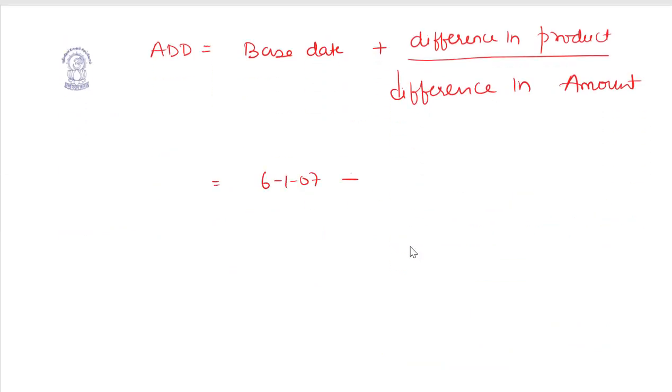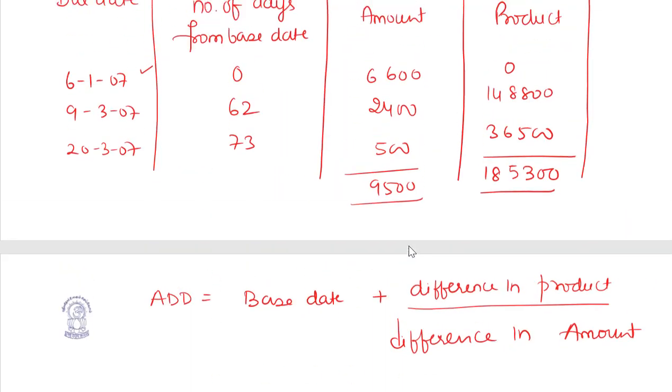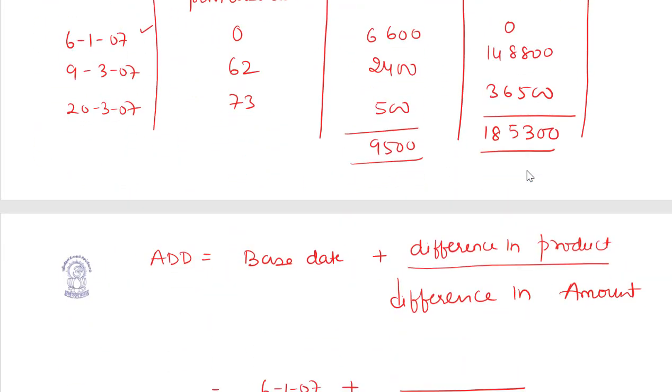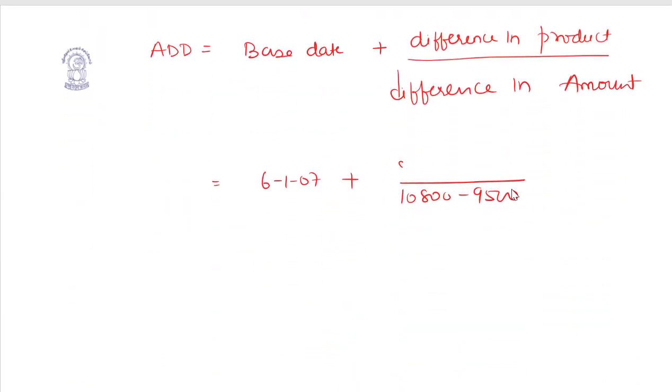Base date is 6 January 2007 plus 10,800 minus 9,500. Difference in product: 243,600 minus 185,300.